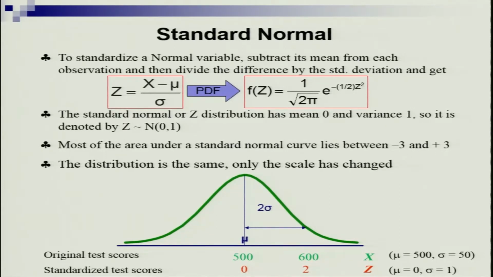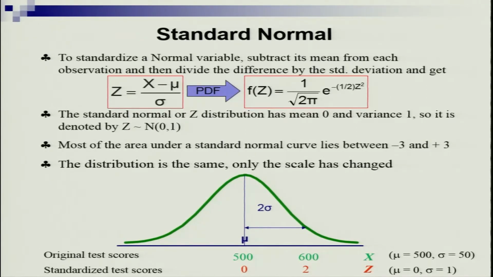So, you can say that more than 99.7% of data of standard normal variable lies between the values -3 and +3.